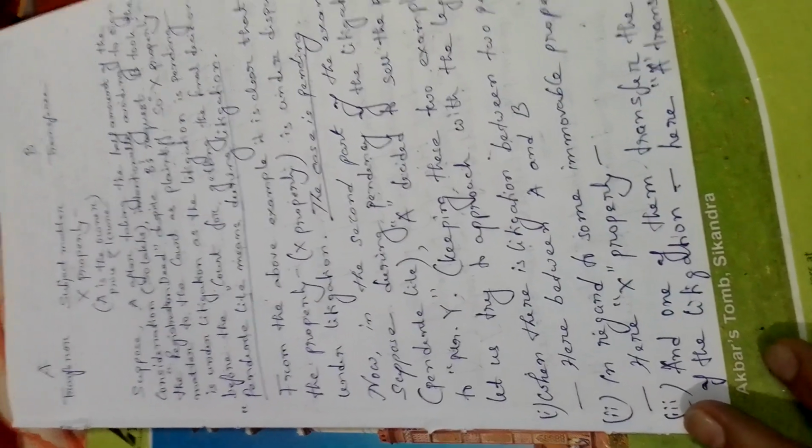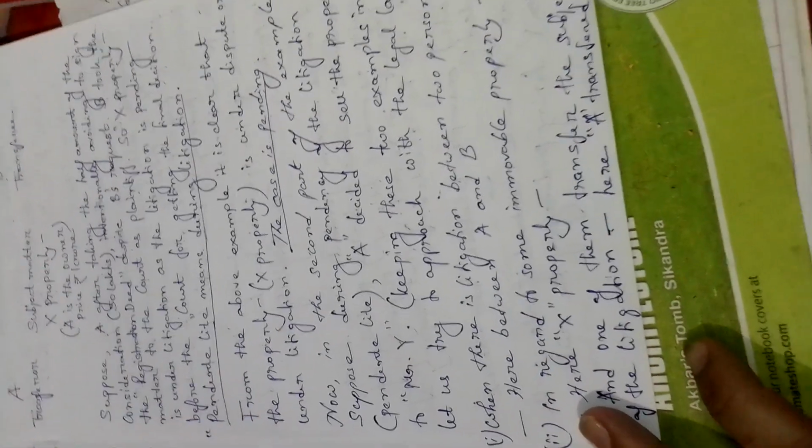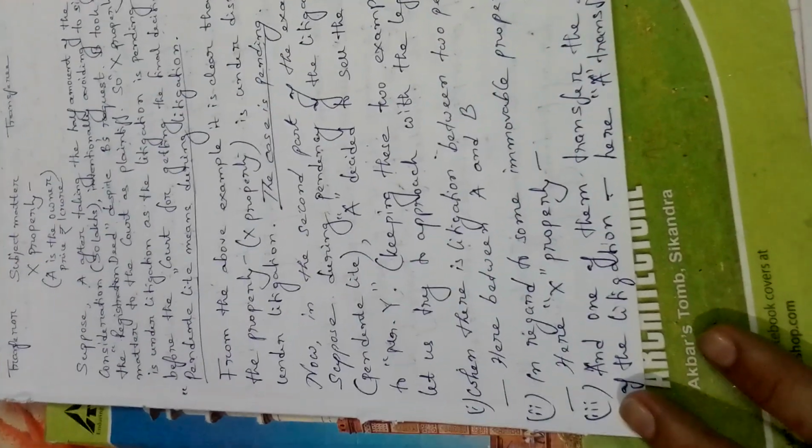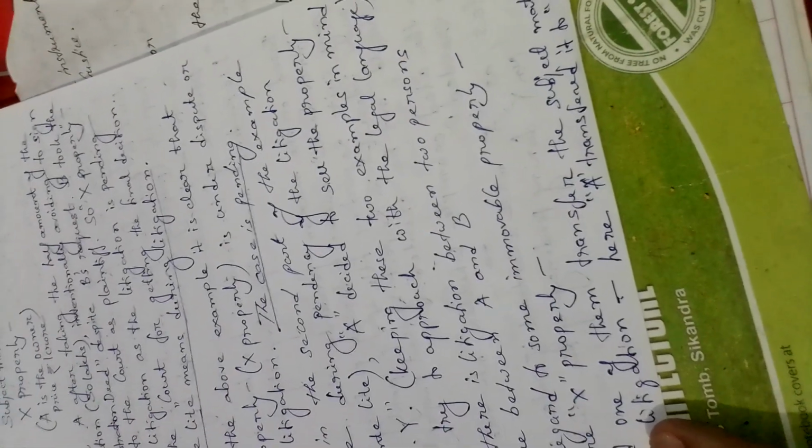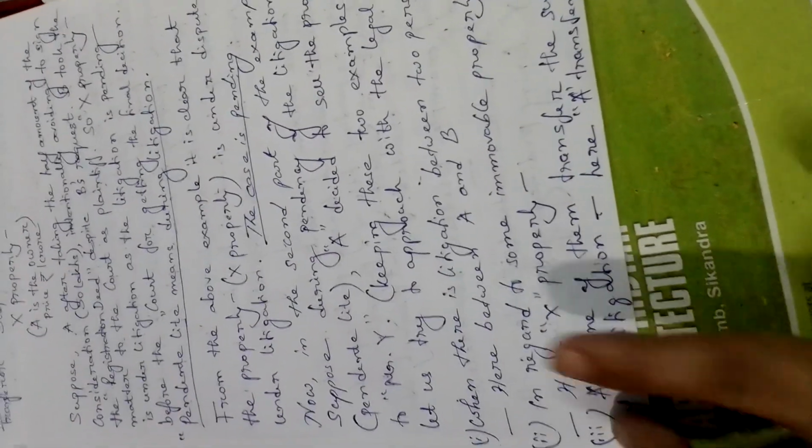Okay, the legal language from the material which has been given. So what is the legal language here? When there is litigation between two persons, so here between A and B, the transferor and the transferee. Okay, B is the plaintiff here.